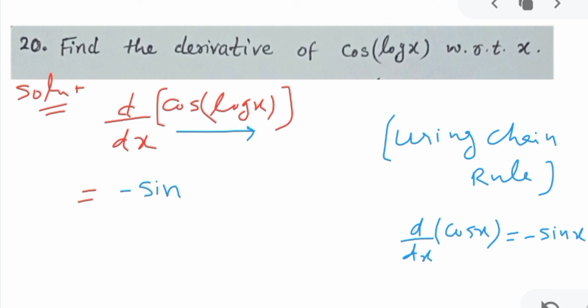But when you see, this is not x, this is log x. So I will treat this as x. If this is x, then cos x derivative is minus sine x. But instead of x, it is log x. So instead of x, I will write log x. And then I take the derivative of the second function, which is log, so the derivative of log x with respect to x. This is the chain rule.